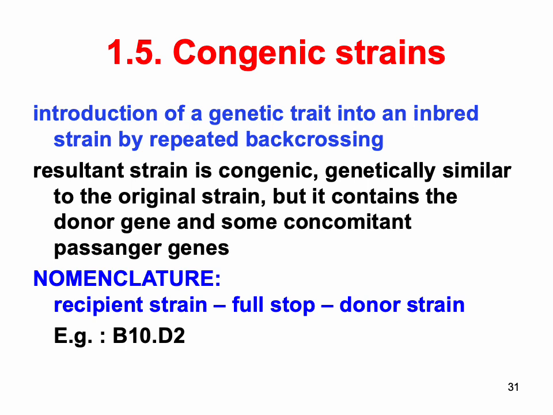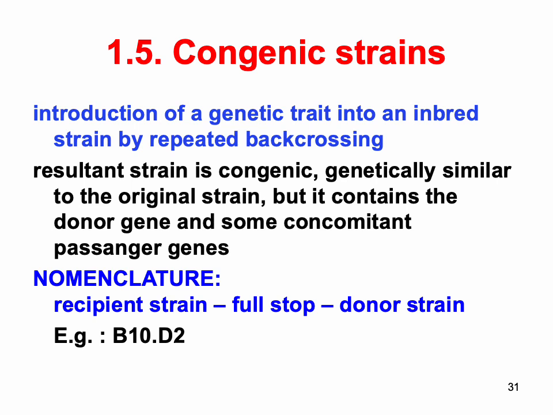If we have a population with an interesting genetic trait with a gene, we can introduce these genetic traits into an inbred strain by repeated backcrossing. The resultant strain is so-called congenic, genetically similar to the original strain, but it contains the donor gene and some concomitant passenger genes.